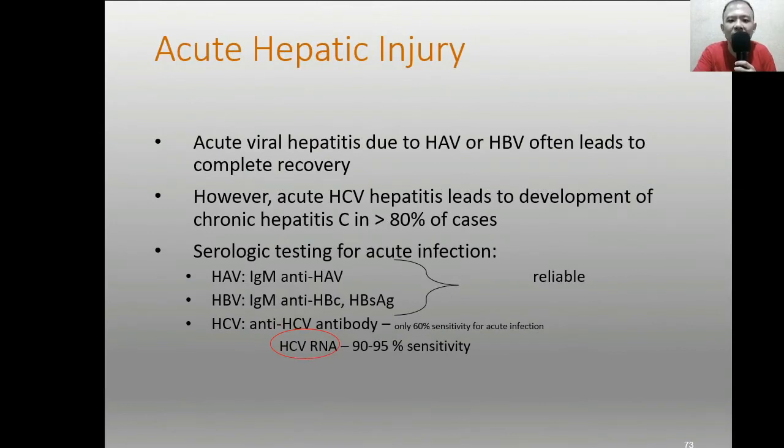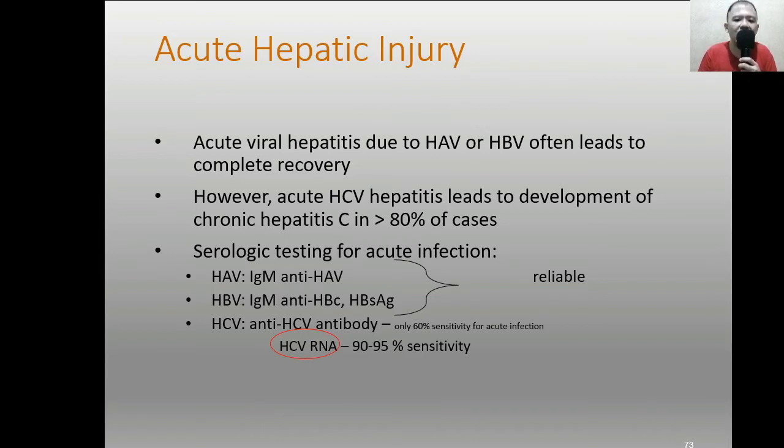Acute viral hepatitis due to A or B often leads to complete recovery. However, we've said this in the lecture in GenPath, it's in hepatitis C. Hepatitis C goes to a chronic form, the majority of hepatitis C. So be careful. The reliable markers for viral infection: for Hep A, we have IgM.